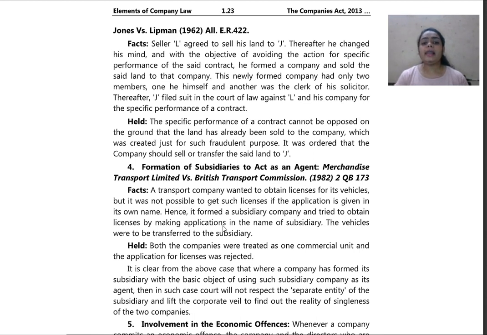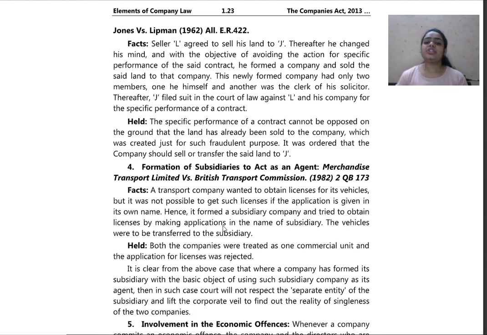When L agreed to sell to J, they had a contract which said that L shall sell the land to J. So in order to avoid the action for specific performance, he formed a company and showed that he sold the land to that company. In that newly formed company there were only two members: he himself, Mr. L, and second, his clerk.